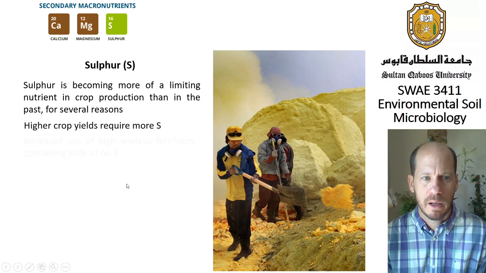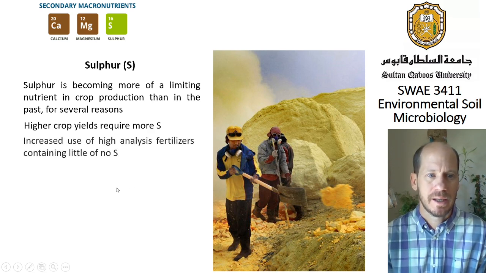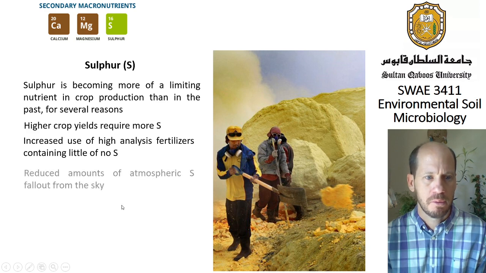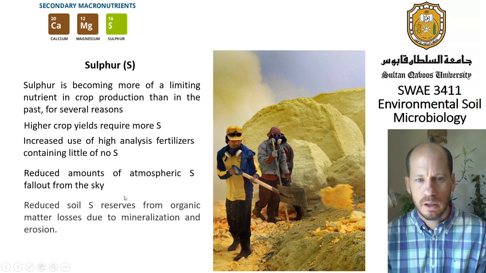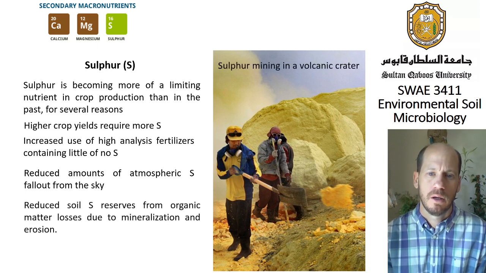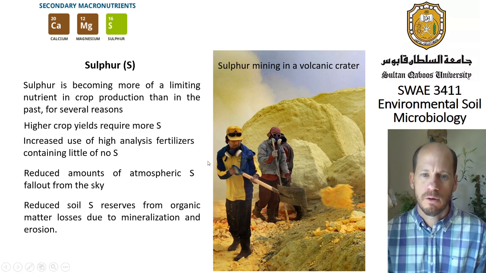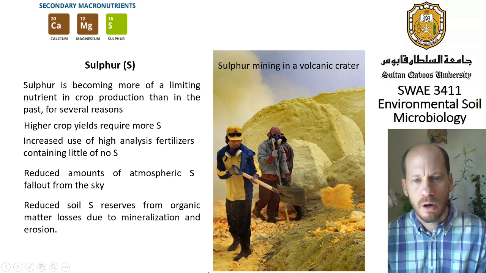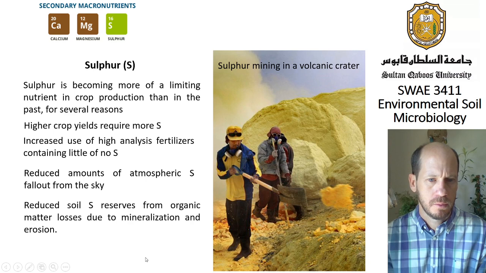Sulfur is becoming more and more limiting in soils because you have less atmospheric deposition. The main sources of sulfur as fertilizers are mined elemental sulfur that you can use to make sulfates, or elemental sulfur, which is a byproduct of gas production also.